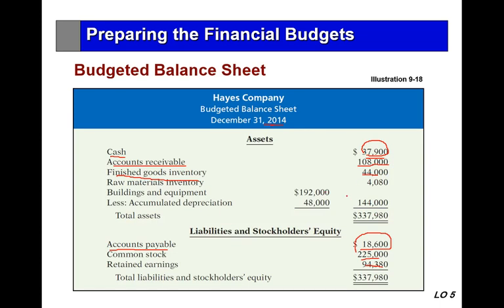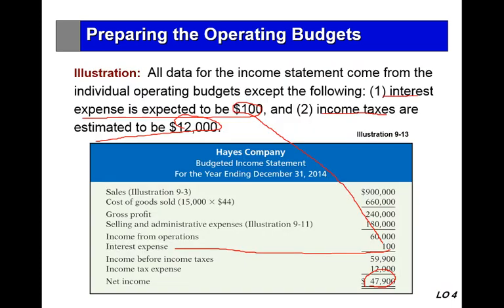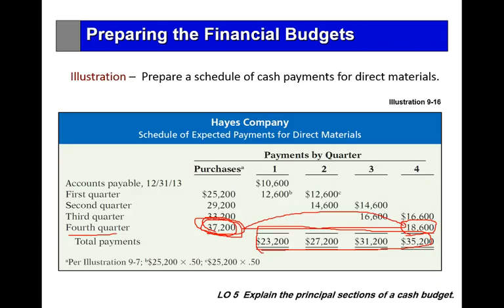Raw materials inventory, we have $4,080. From where does this come? It comes from the direct material budget.